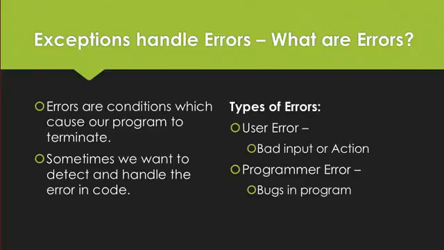There's really two types of errors that occur. There's user error, which is bad input. Somebody types in something or does something that the program cannot handle, and therefore it terminates. And then there's programmer error, which is we write our code in a way that a certain condition is hit, and then an exception occurs. We've seen this kind of thing when you're looping through an array and you index a value of that array outside the boundaries of the array.